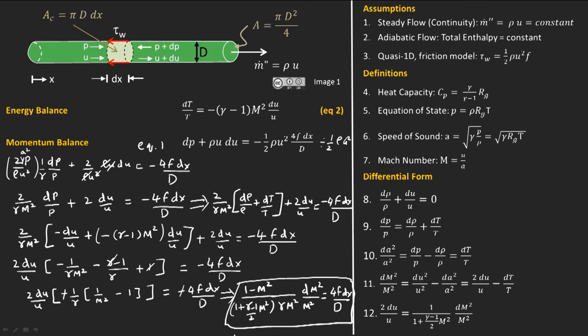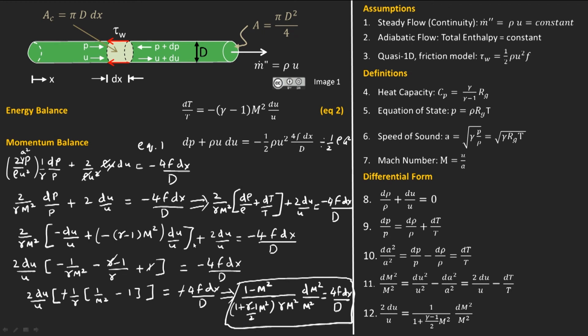Alright, now let's look at this complicated expression, which is in terms of the Mach number on the left hand side and the friction coefficient f and other geometric parameters on the right hand side. Clearly this doesn't tell us much right away in terms of what is going to be the influence of friction on the Mach number. In the next unit, we'll pick up from this differential equation that we've just finished deriving here and try to see if we can elicit any physical information about what is going to happen to the flow Mach number as friction acts on the flow.